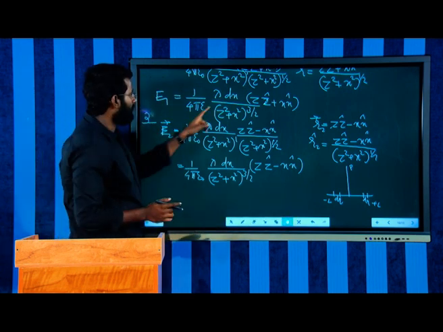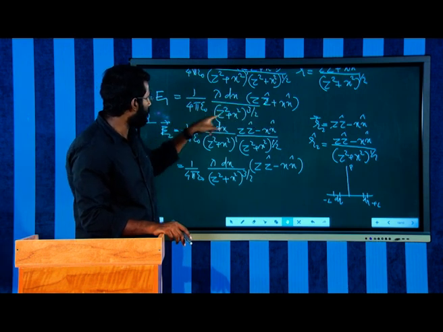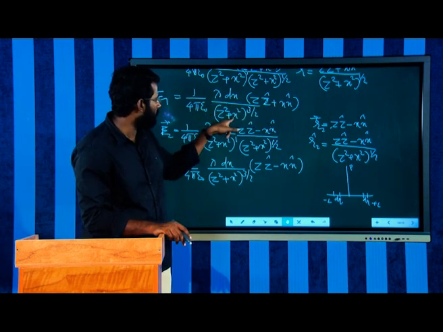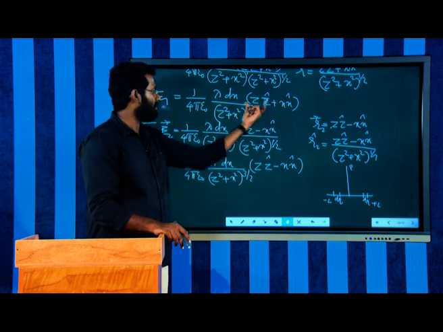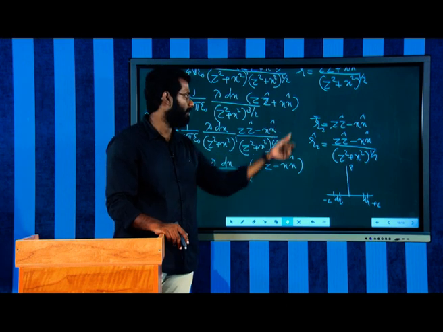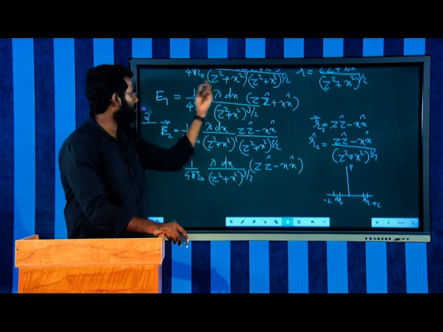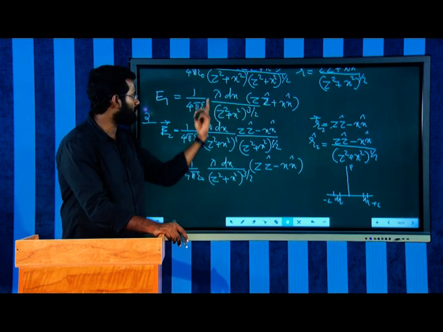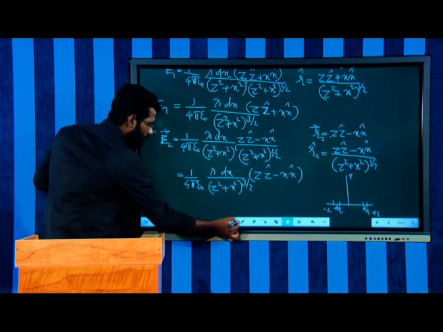Now, when we are adding E1 plus E2, you can see here there is 1 by 4 pi epsilon 0 lambda dx, z square plus x square the whole raised to 3 by 2. All these are the same here, and z cap is also the same, but plus x cap and minus x cap will cancel out. So, you have to take the sum of these two only, and they are the same, so 2 times.